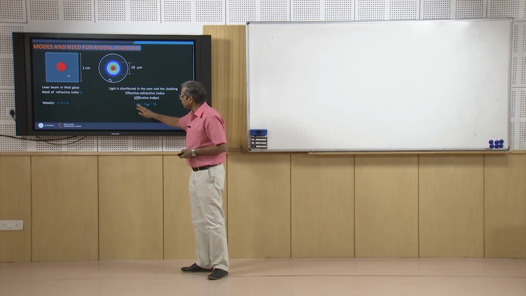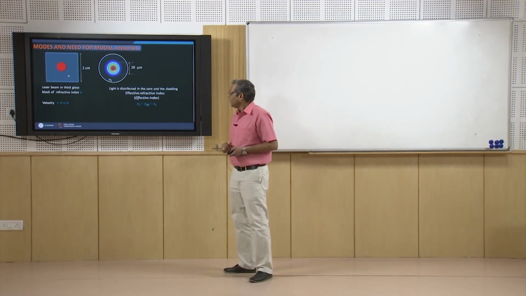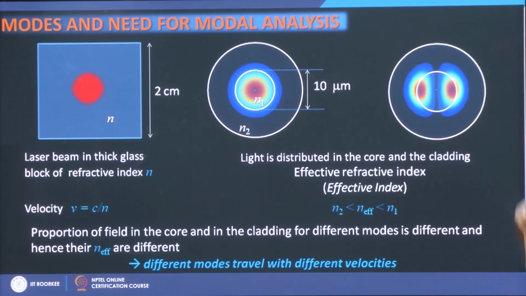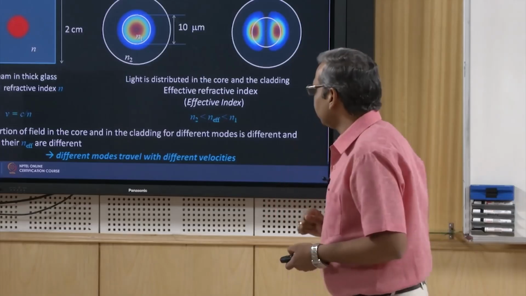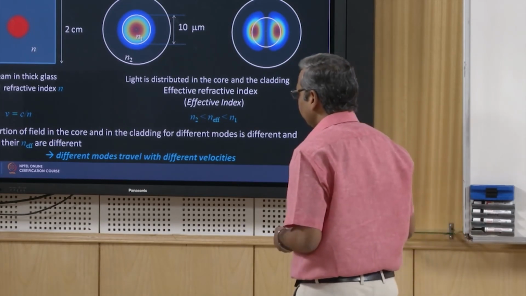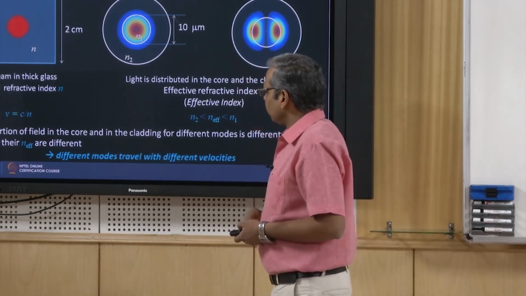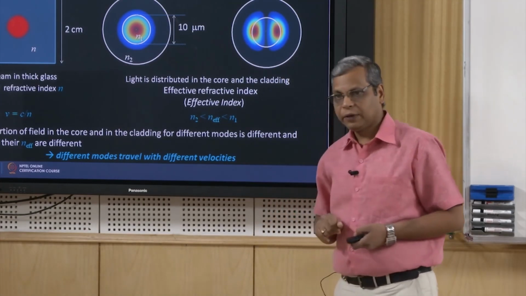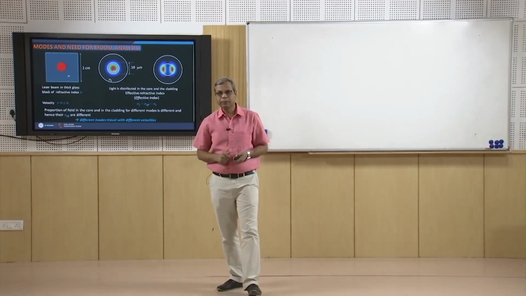So, this n effective lies between n2 and n1, and I know that there are different such patterns, and for different patterns or different modes the proportion of field in the core and in the cladding is different, and that is why they would experience different effective refractive indices of this composite medium. So, different modes would now travel with different velocities. They will have different effective indices, they will have different propagation constants.